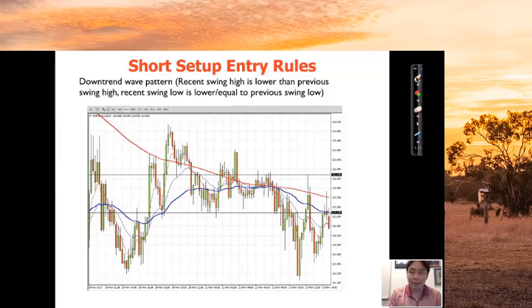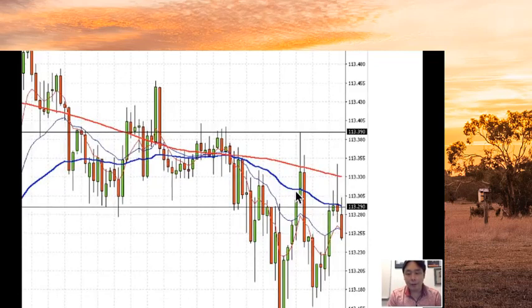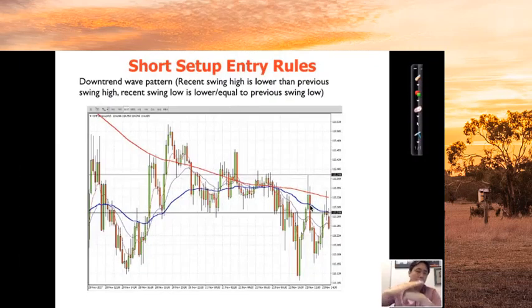Can you see that the 50 moving average, which is here, did not act as a strong resistance? In fact, the price blasted right through the 50. So that really fails one of the first criteria, which is the 50 EMA must be tested to be strong. So that's not strong. Okay, what else?